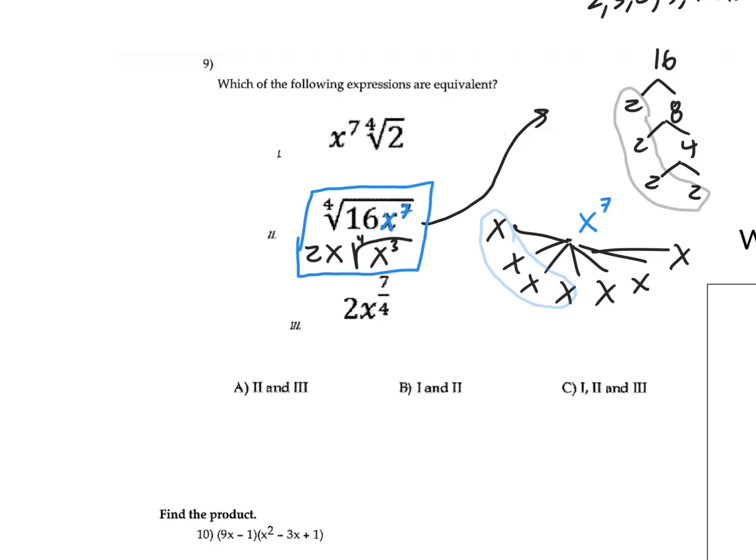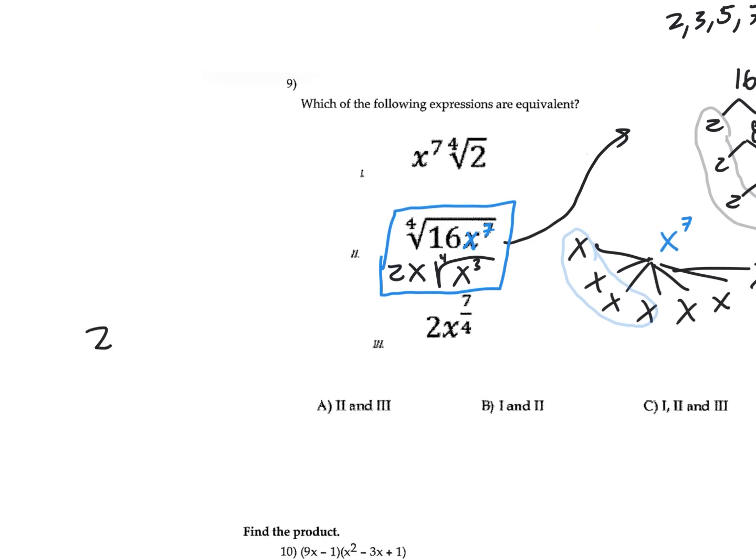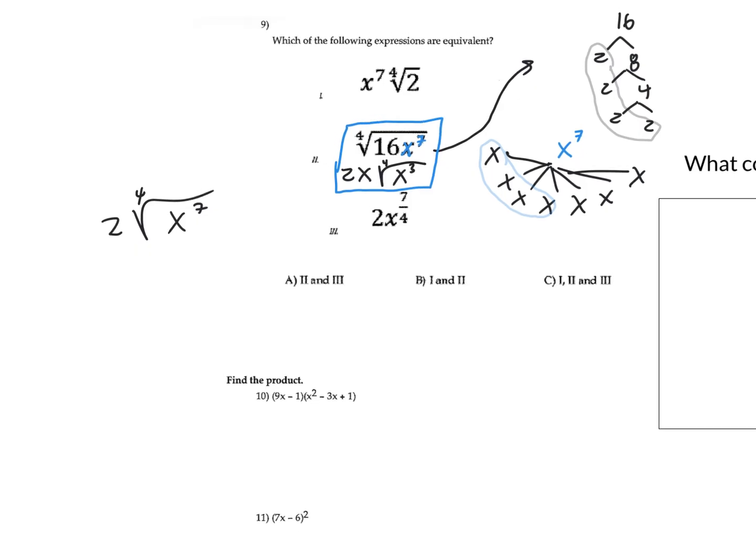Looking at Roman numeral 3, I would do the thing where I would tilt that fraction such that there's a radical. So we have x, the 4 goes here, and then maybe the 7 goes there. So let's investigate.